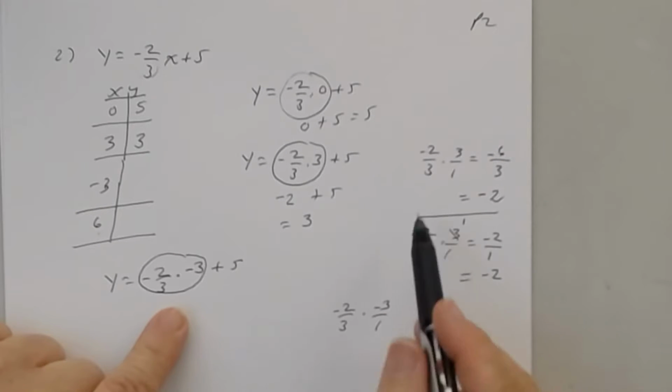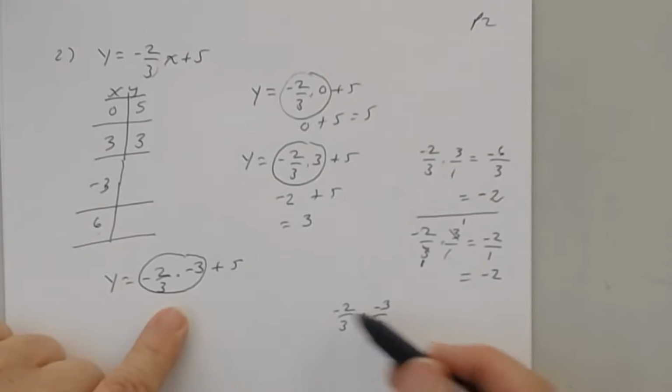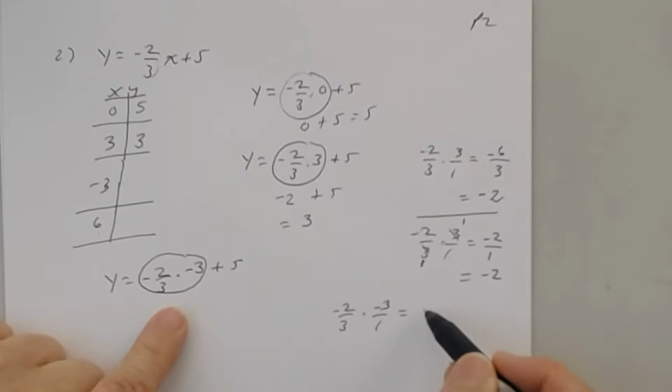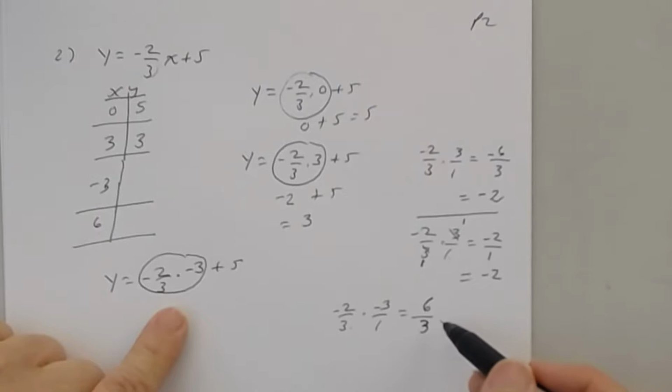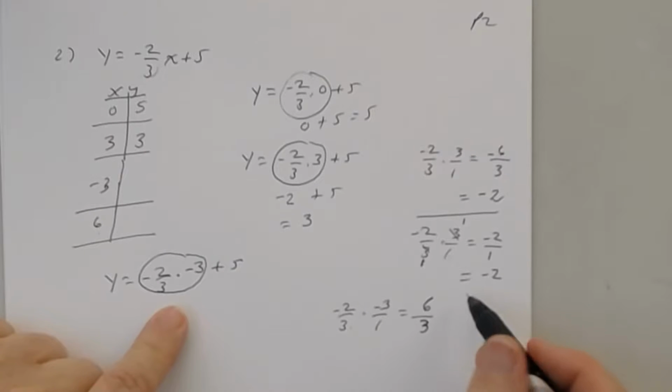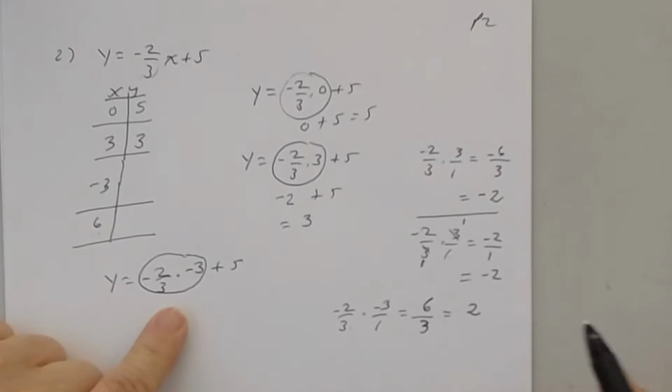If you want to multiply first, you can. What's negative 2 times negative 3? Positive 6. What's 3 times 1? 3. Took y'all a while to say 3. What's 6 divided by 3? 2.